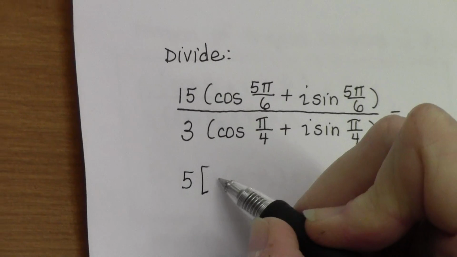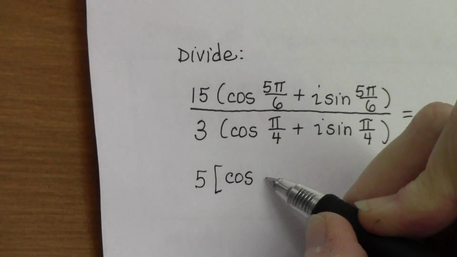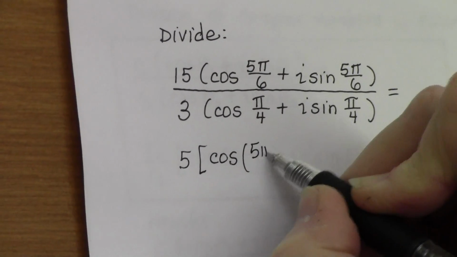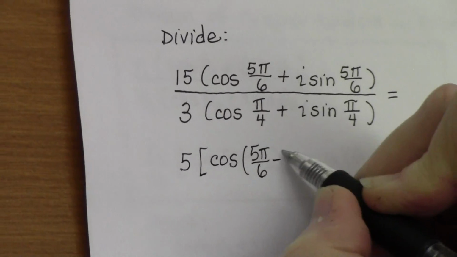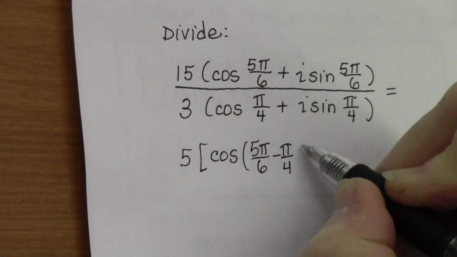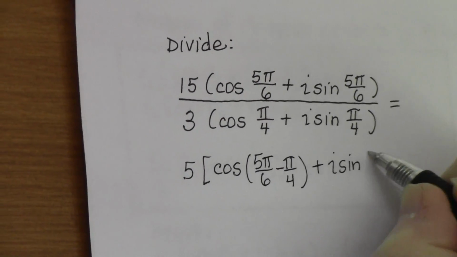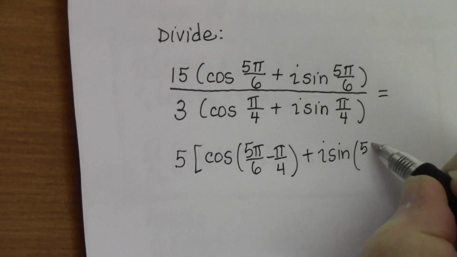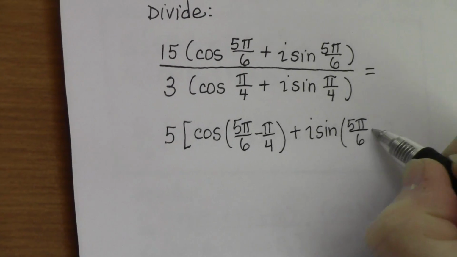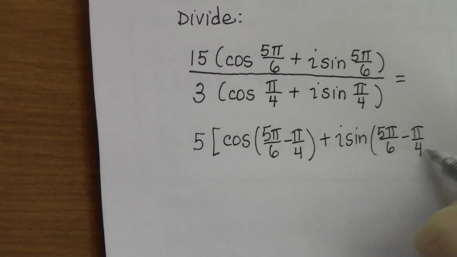Then the rest of it, we need to do a little subtraction. It's going to be 5 pi over 6 minus pi over 4. And then we have i sine, same angles, 5 pi over 6 minus pi over 4.